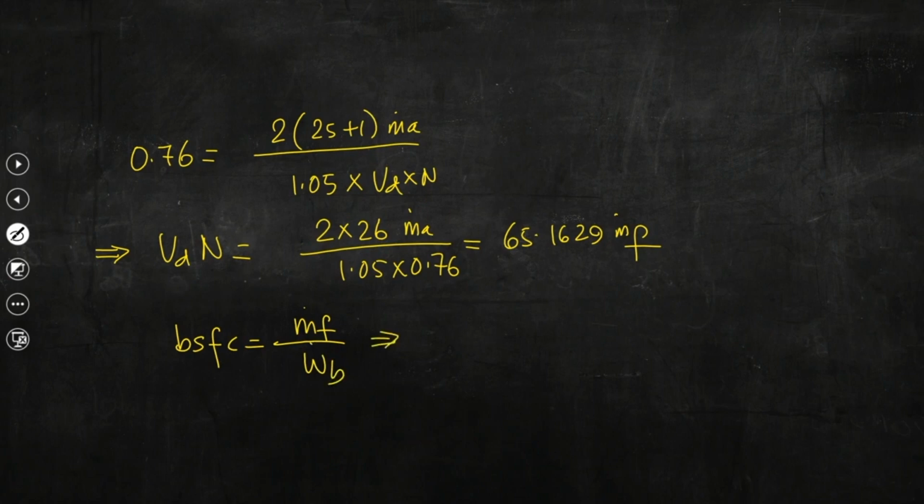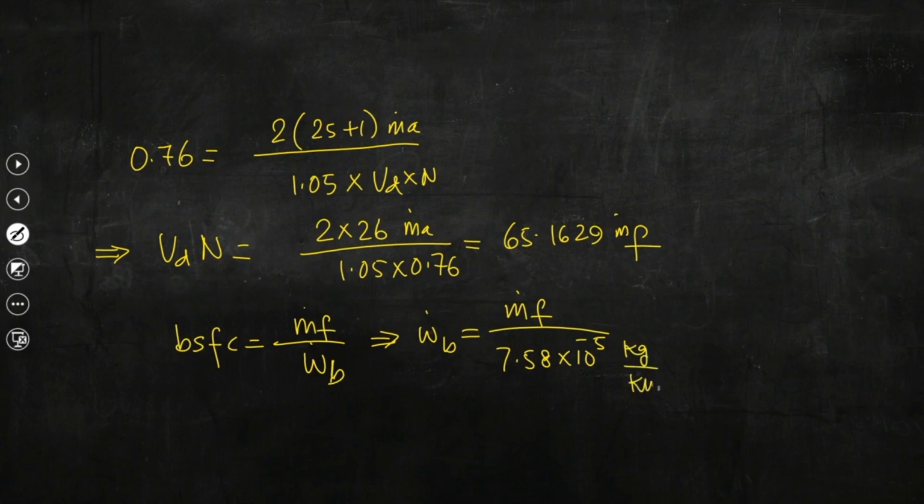So, from there we can get W dot b equal to m dot f divided by 7.58 into 10 power minus 5 kg per kilowatt second.